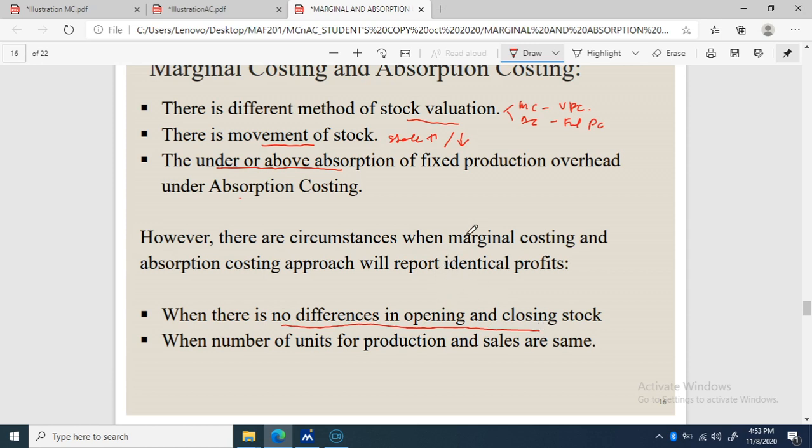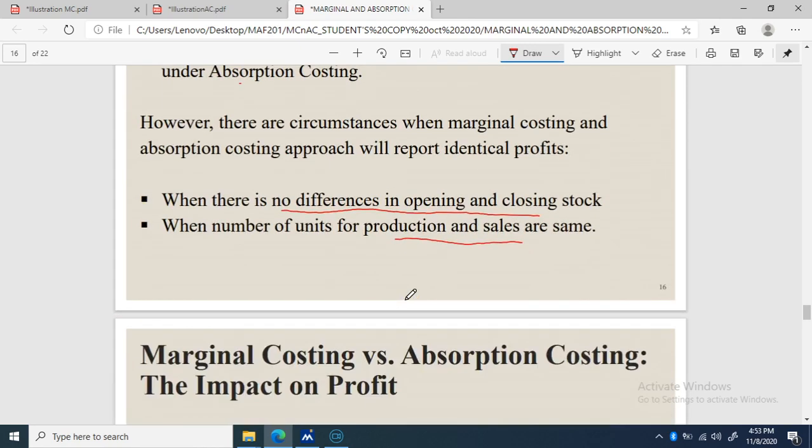Opening stock is 0 and closing stock is also 0. If opening stock is 10,000, closing stock is also 10,000. No movement of stock. When the number of units produced and sales are the same, you produce 10,000, number of units sold is also 10,000. No movement of stock also. So that's why the profit for both will be the same.